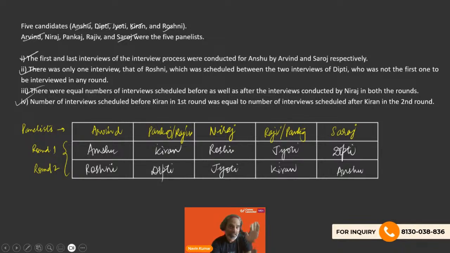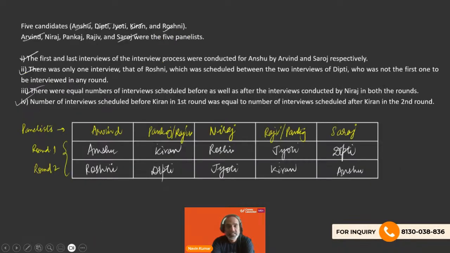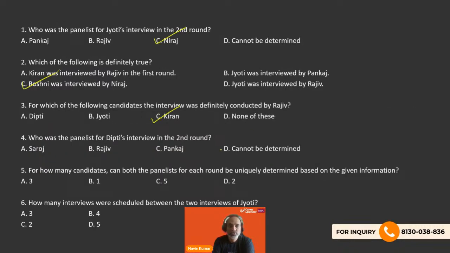It doesn't matter whether Rajiv is the second interviewer or the second last, Kiran will stay. So it's going to be Kiran. Who was the panelist for Dipti's interview in the second round? We do not know. It may be Rajiv, it may be Pankaj. So the answer is cannot be determined.